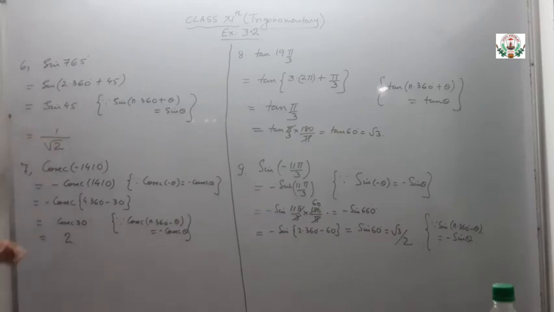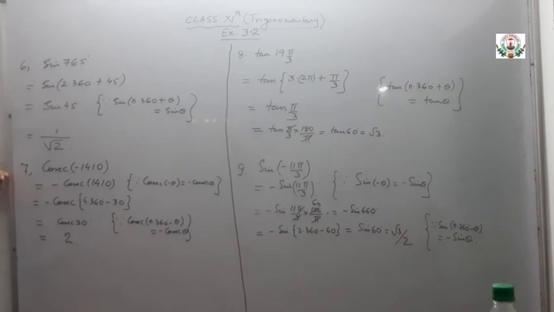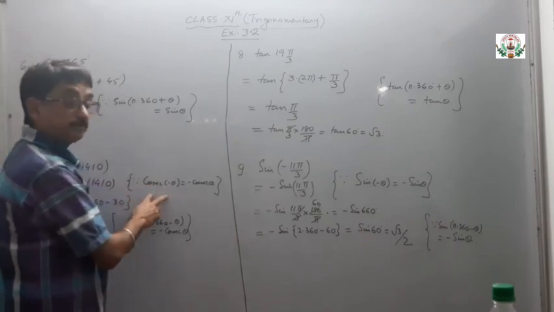Next question, cosec minus 1410 degree. First of all, I have to make this angle a positive value. As we know, the negative angle always lies in the fourth quadrant. All students take coffee. In the fourth quadrant, cos and sec are positive, so therefore cosec will become negative.